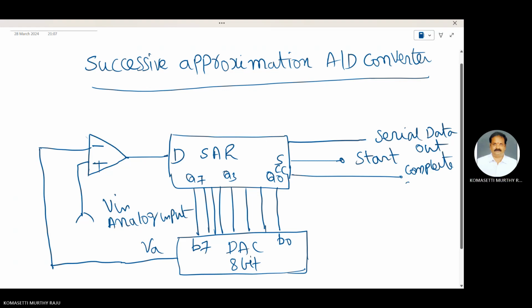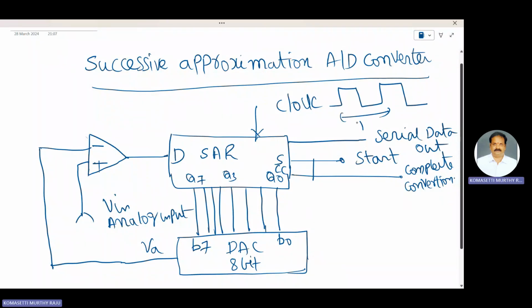These two are connected, start conversion and complete conversion. Here we apply some clock signal. Clock time is T here.